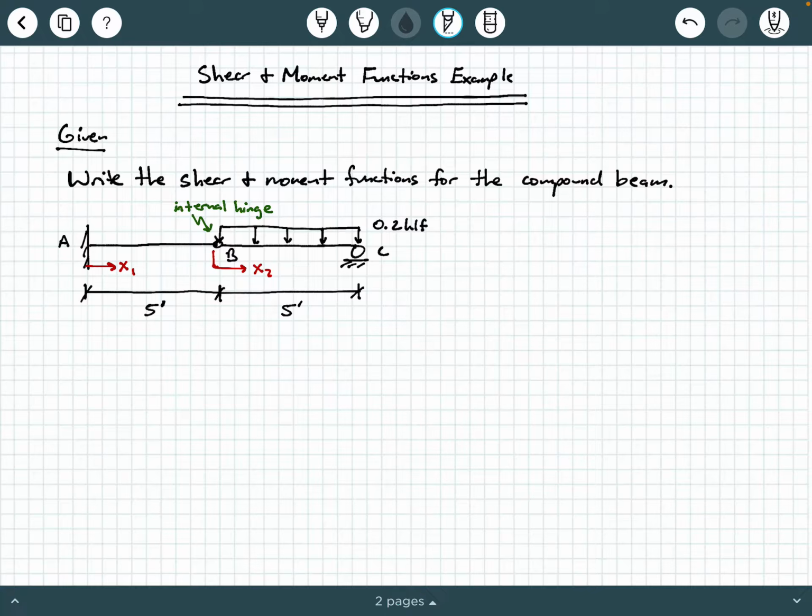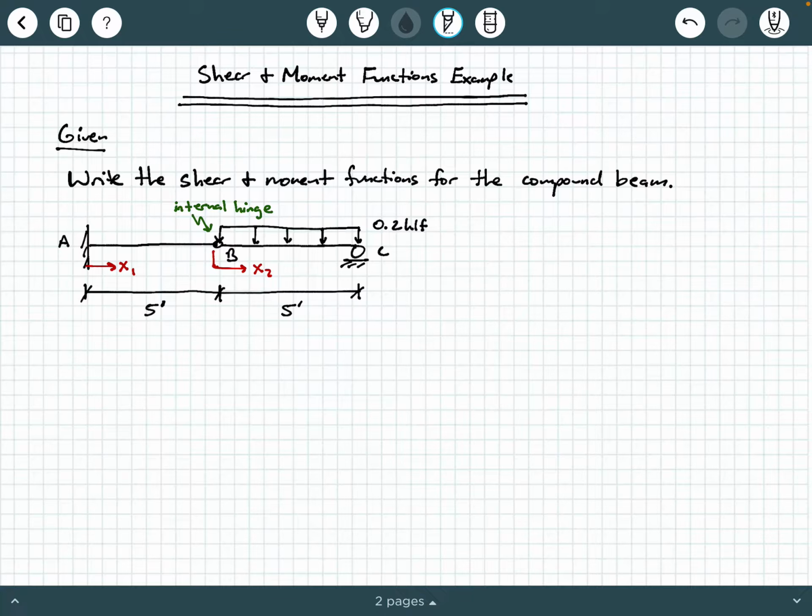So as you already know, whenever you have multiple domains on a beam, you can define one x variable for the whole beam, and then add and subtract moment arms and distances accordingly, or you can define a new location variable every time there's an abrupt change along the length of the beam.